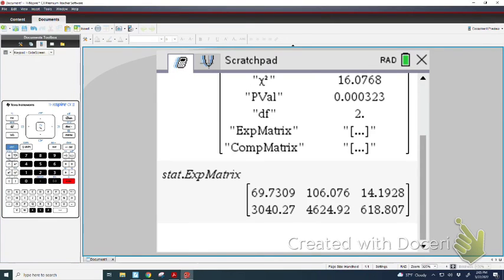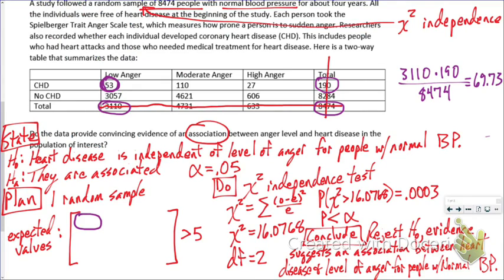Look at that, we got the same exact first number, 69.73. So if you're curious, that's how you do it by hand. For that low anger heart disease number, you take those marginals, multiply, divide by the grand total, and you get them. But if I were you, I would let the calculator do all the work and move on.